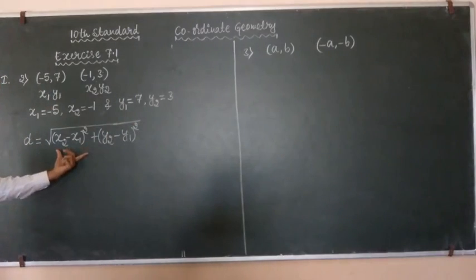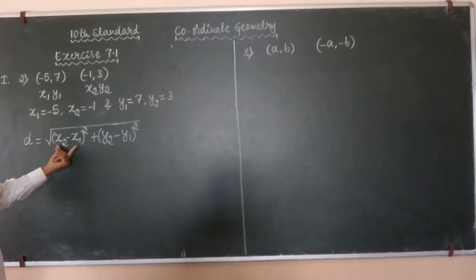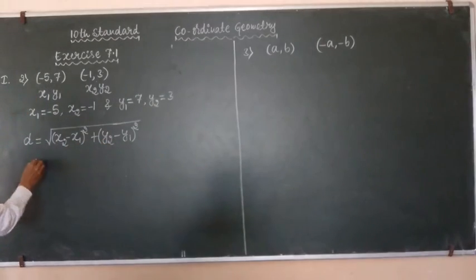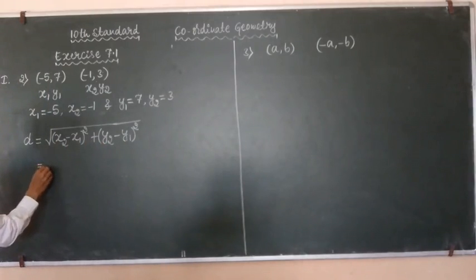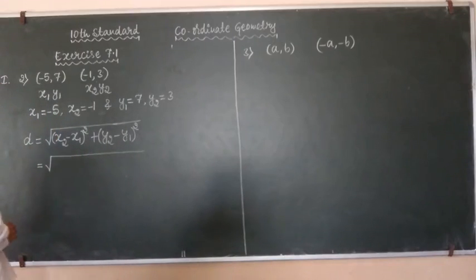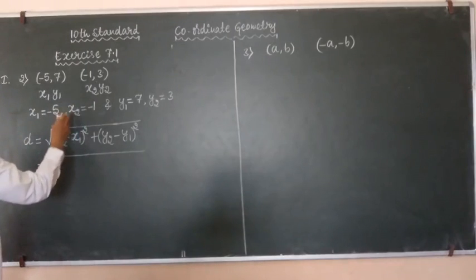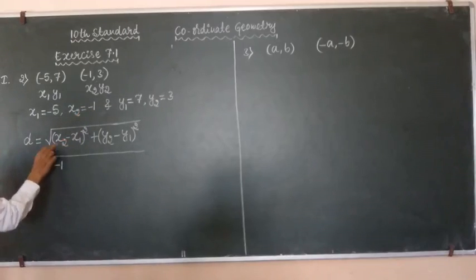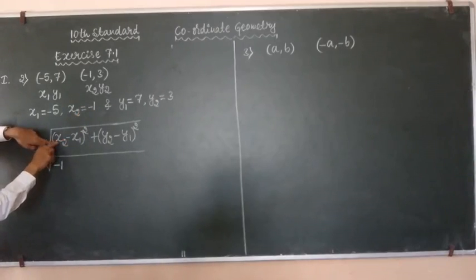So now substitute the values of x2, x1, y2, y1 and simplify. Observe here, the value of x2 is minus 1. Observe clearly.